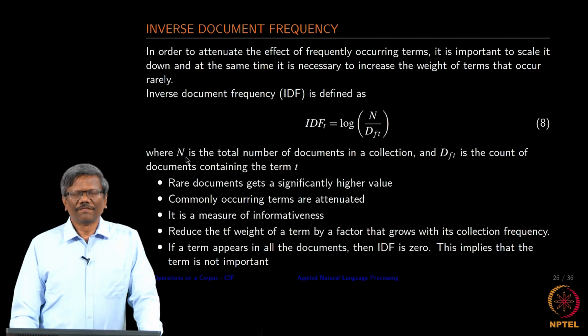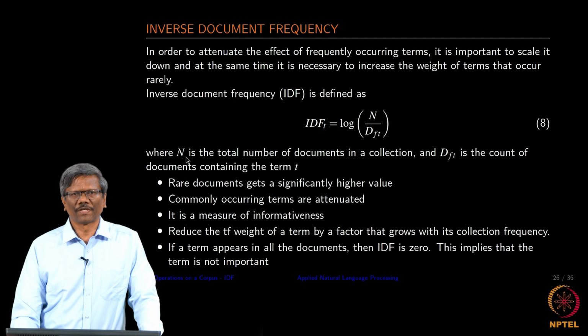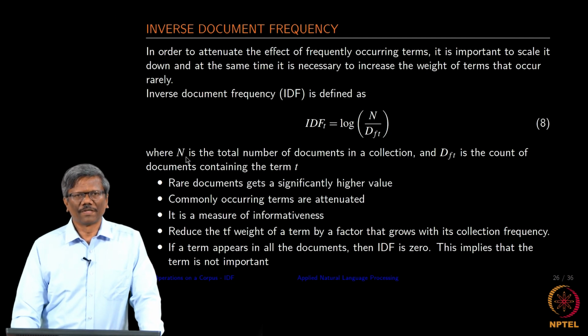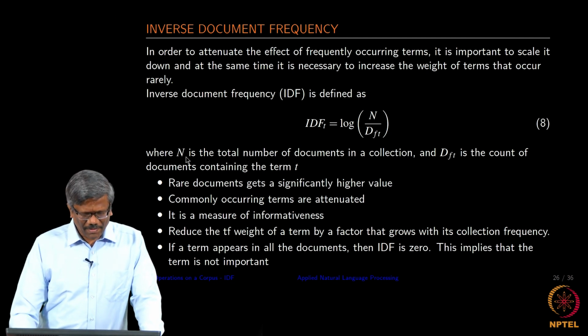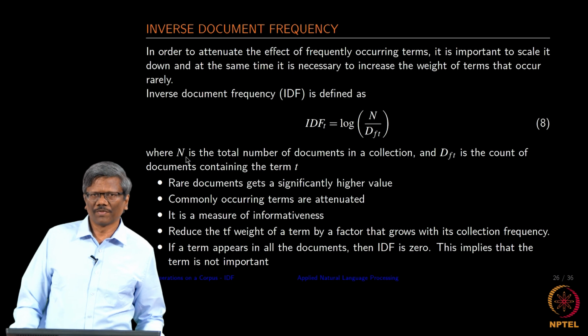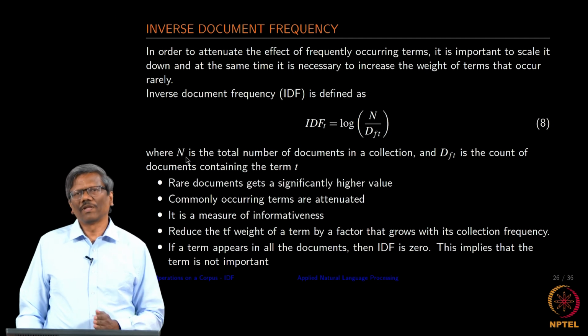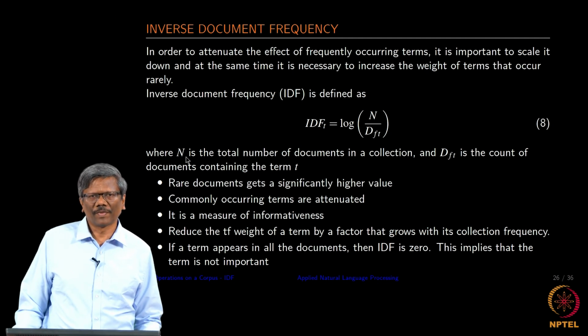What I mean by that is, even if there are terms that are not appearing in all the documents, we still have some relevance to those particular terms in the given corpus. It actually reduces the TF weight of a term by a factor that grows with the collection frequency. Suppose you have a term with a larger frequency, and it appeared in all the documents across the corpus.